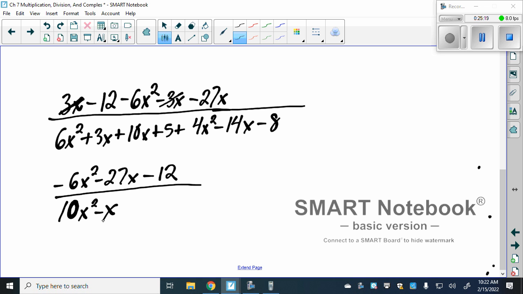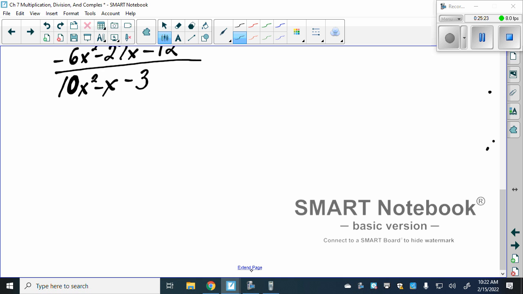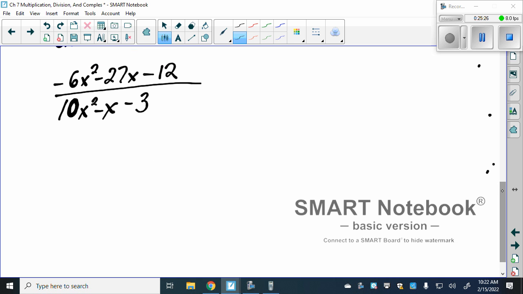And 5 minus 8 is negative 3. So we could factor out a 3 on top, but I would also factor out a negative 3, which would be 2x squared plus 9x plus 4.